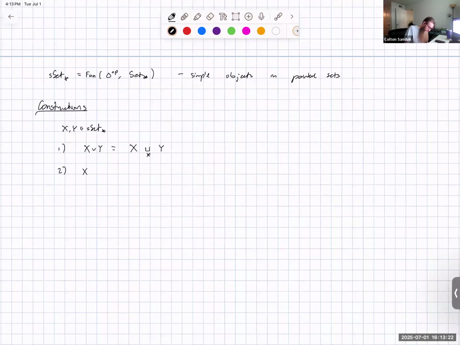You can also take the smash product by taking the product and quotienting out by the wedge. This is the wedge product, and this is the smash product. Topologically, this is exactly what you think it is. And so this also lets you do things like suspension.